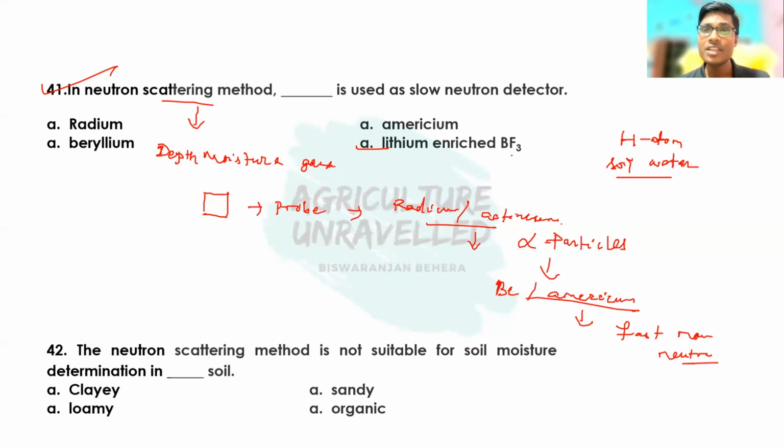And the lithium enriched boron trifluoride is the slow moving neutron detector, and it detects the slow moving neutrons. And another thing is that the scalar unit is present, which represents the reading of the slow moving neutrons.